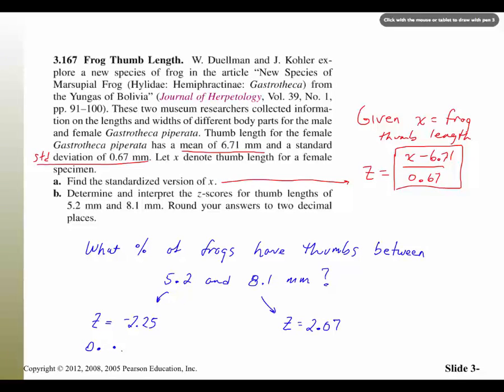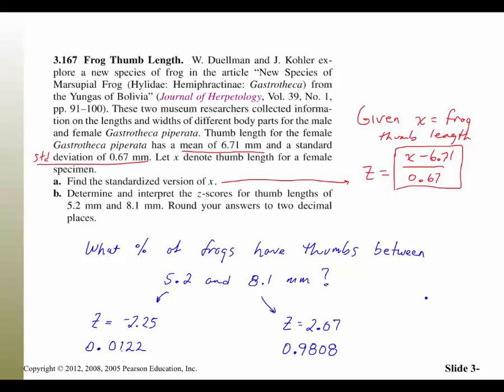Okay, 0.0122. And then what about here? 0.9808? Everyone follow that?